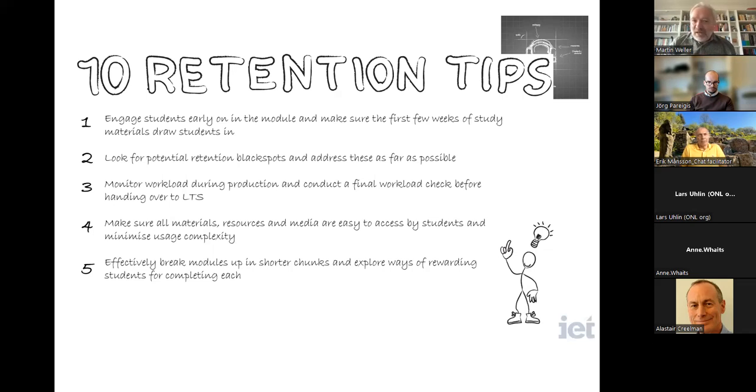So things like engaging students early on in the module, that's that point about being engaged. Look for potential, what we call retention black spots. There are some things that you might want to do, even though they might cause students to drop out. And I think group work is a good example of that. Students often don't like group work, and it's particularly difficult to realise at a distance or online.